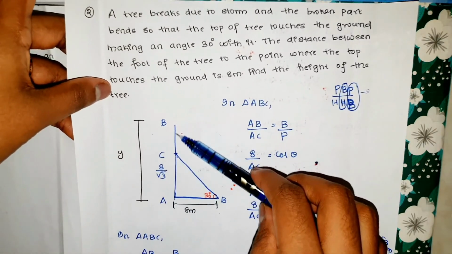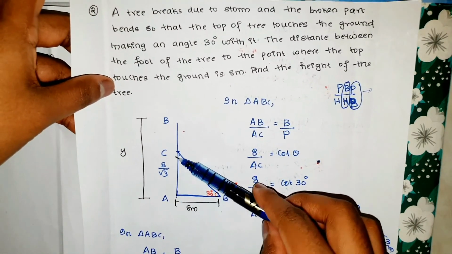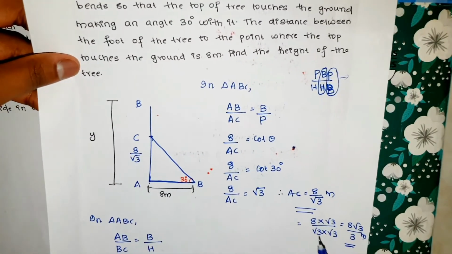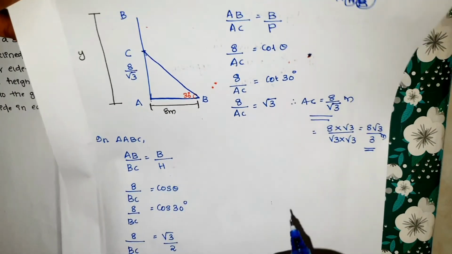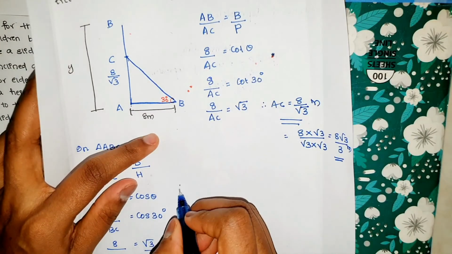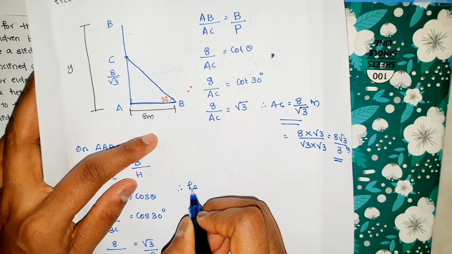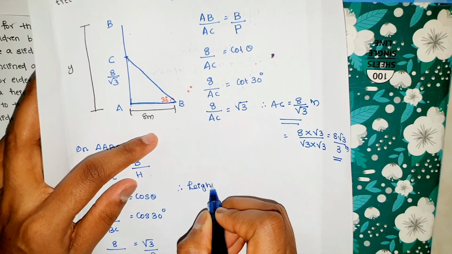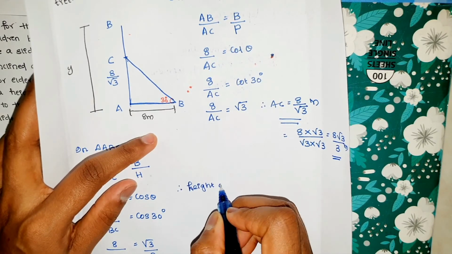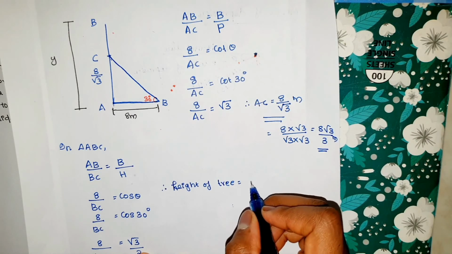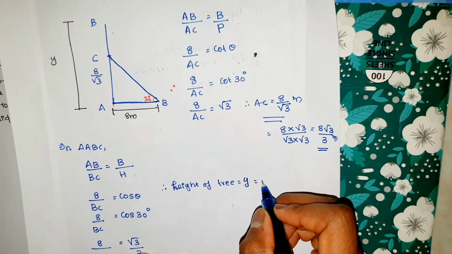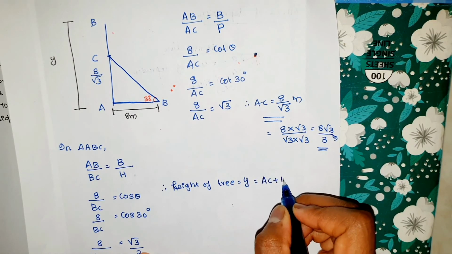So this full length, that is y, is AC plus BC. So we can add this AC and this BC to find the length of the tree. Therefore, height of the tree is equal to y, that is equal to AC plus BC.